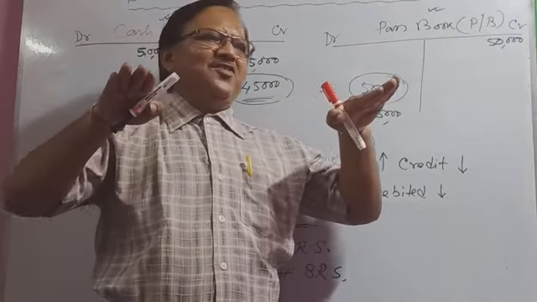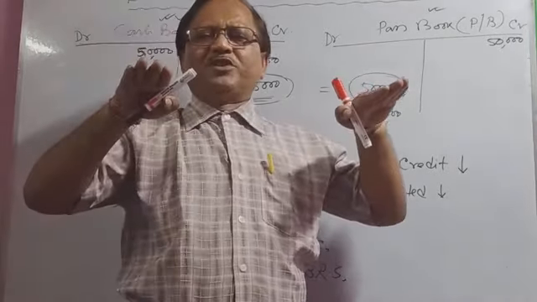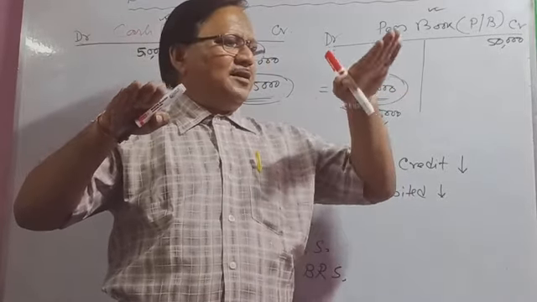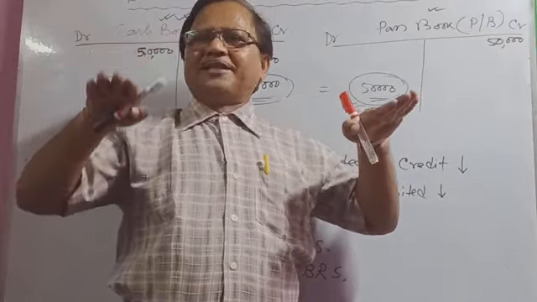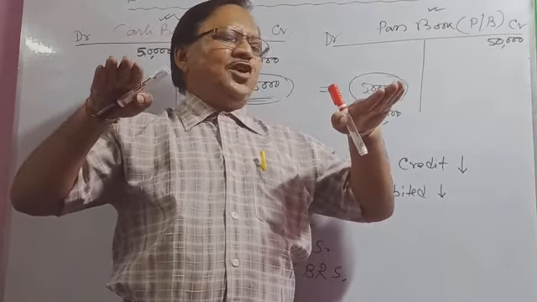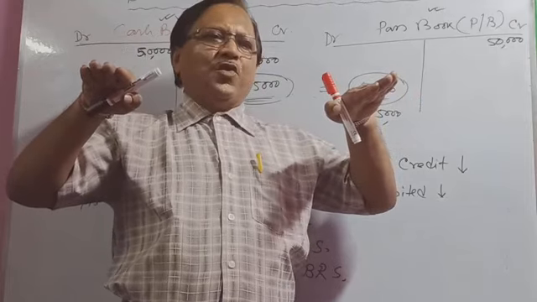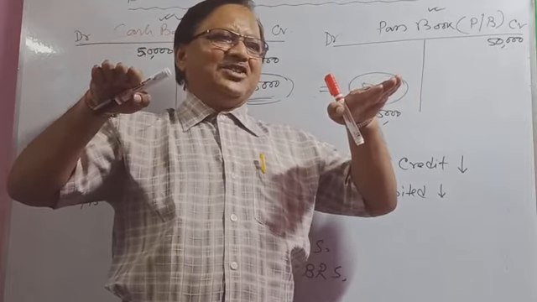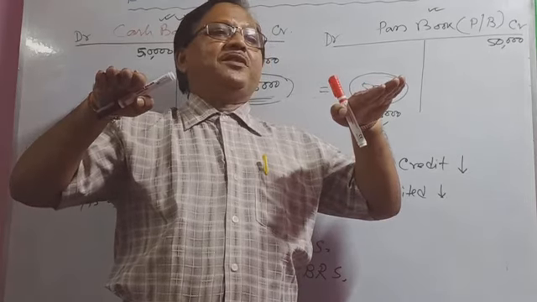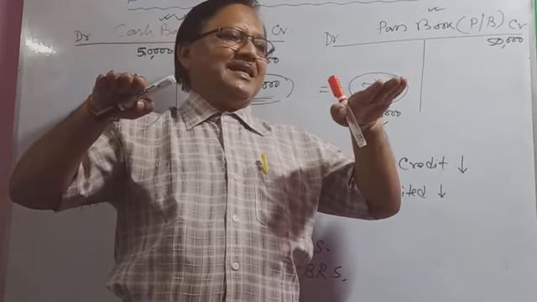Now starting first, say 20,000, both sides are equal. Left-hand side cash book, right-hand side passbook. One check received but not recorded in the cash book, rupees 10,000.